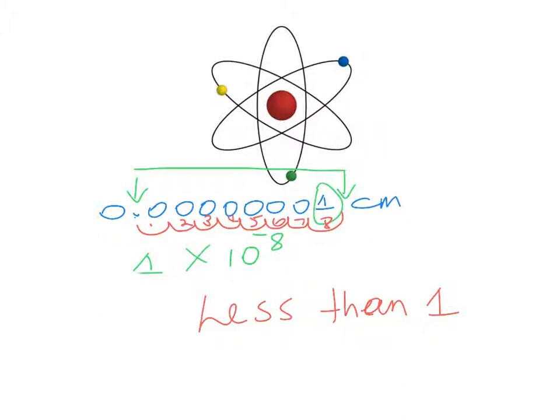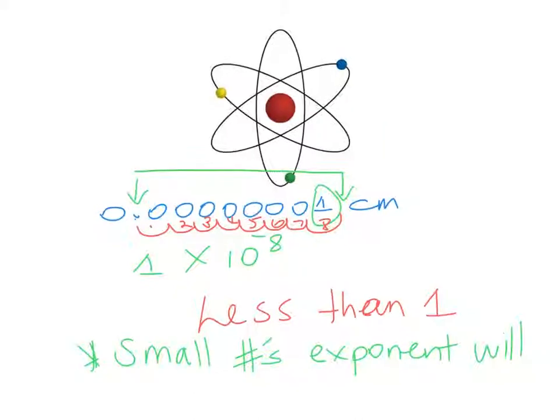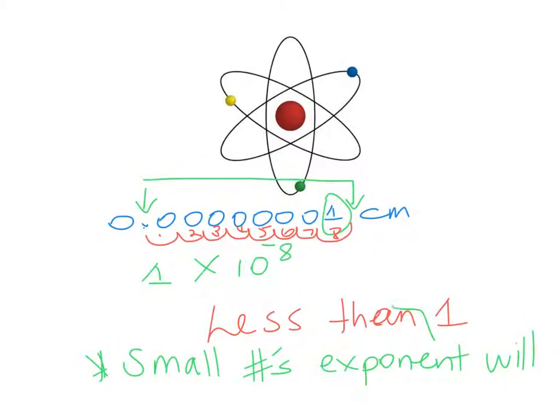So basically when we're dealing with small numbers, the exponent will be negative. So in this case it was 10 to the power of negative 8.